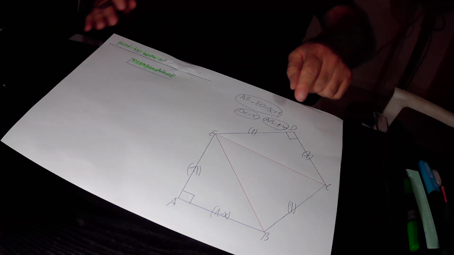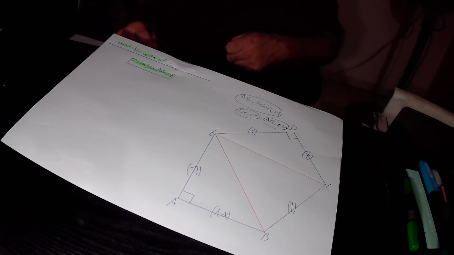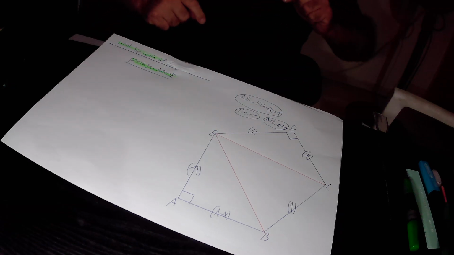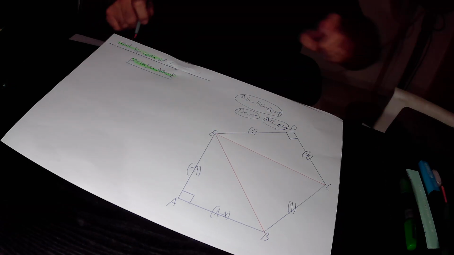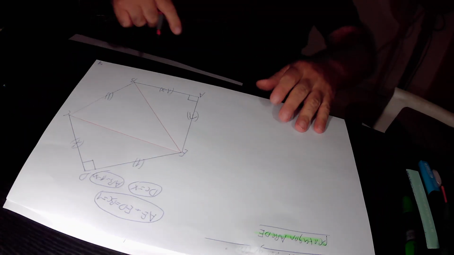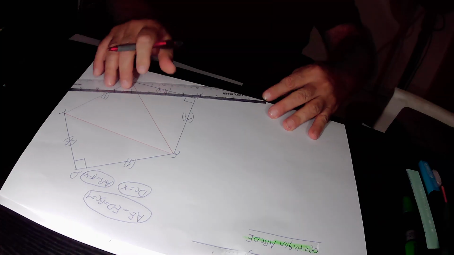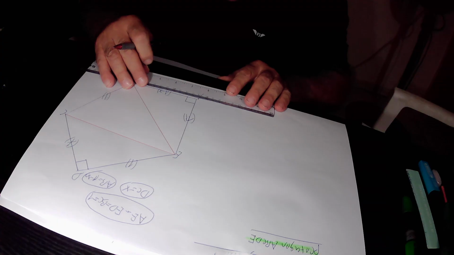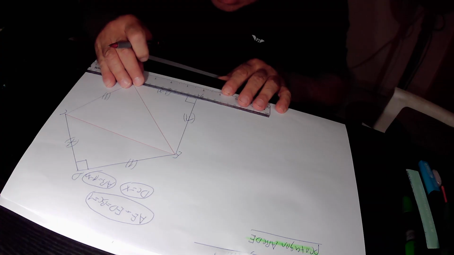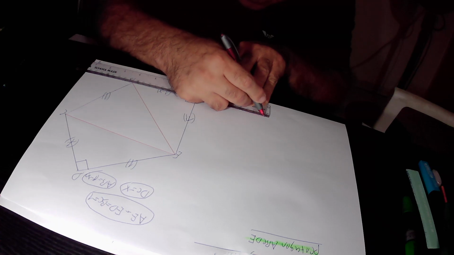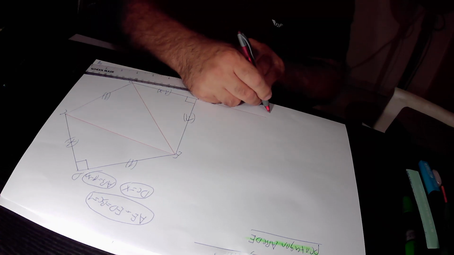In the next step, we will extend side BA in such a way that the extended part will be equal to x units in length. We define this point as point M.